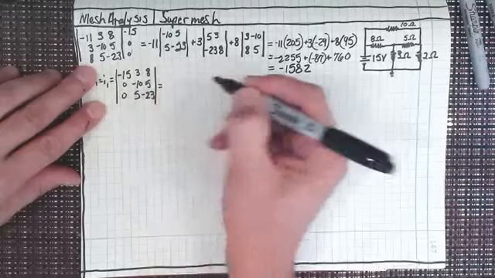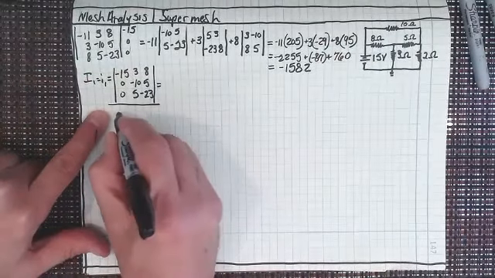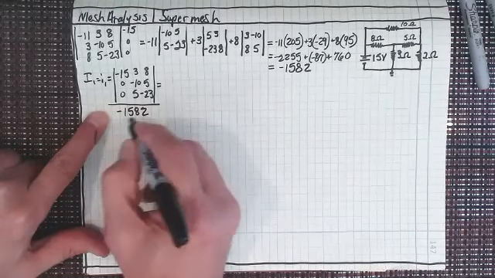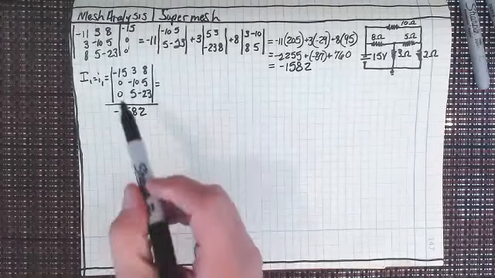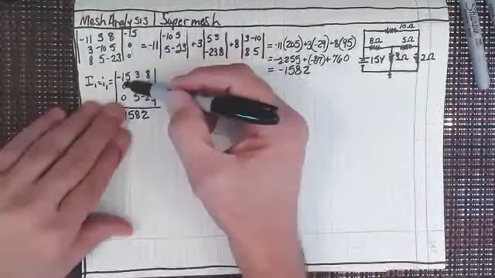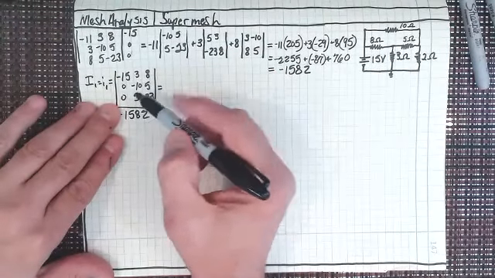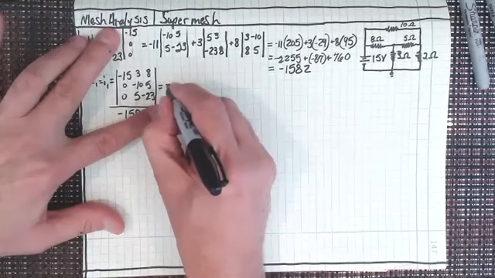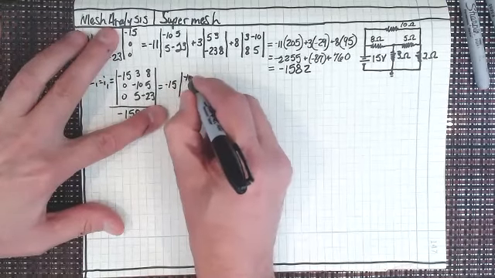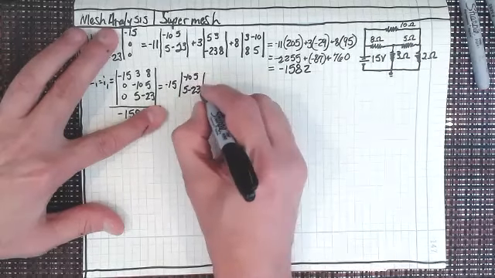So now what we have to do, and of course to find that, we have to put that over our minus 1582 because that was our original 3x3 matrix, right? This is how we do mesh analysis. So if I wanted to do this, I would have 15 times this. So let's just write those. I don't want to get ahead of you. I don't want to lose anybody. Times minus 10, 5, 5 minus 23, right?